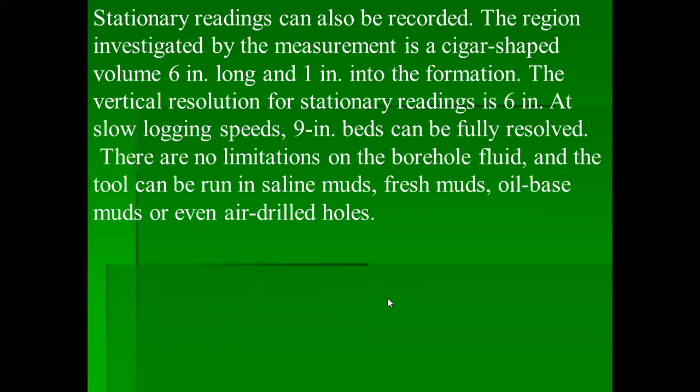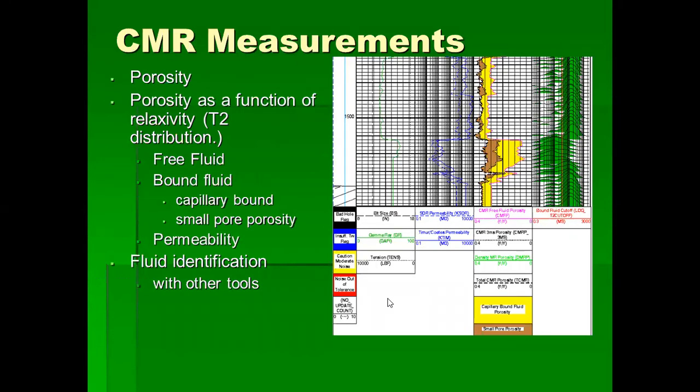And about the versions also of CMR, this is another illustration. You can see here in this zone we have more of the T2 distribution toward the smaller values of T2, and so we have a larger amount of clay bound water and capillary bound water.